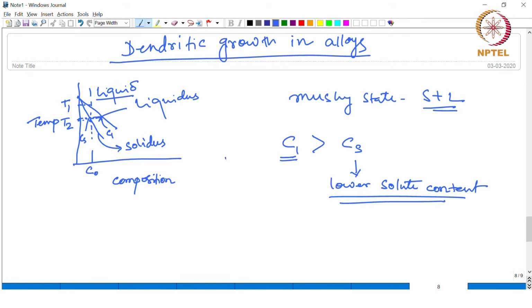So, if you plot that composition as a function of distance from the interface, it will look like this.